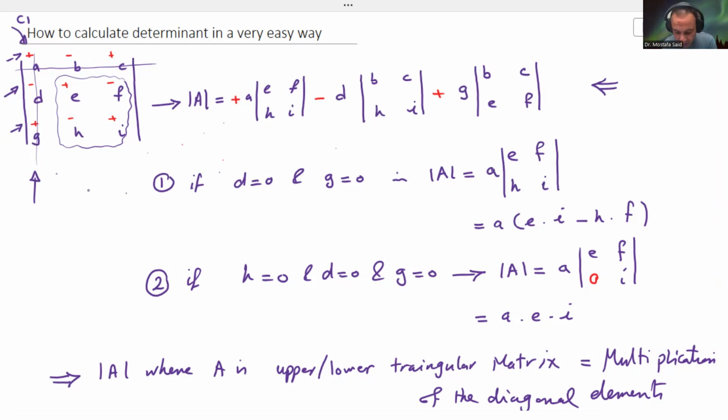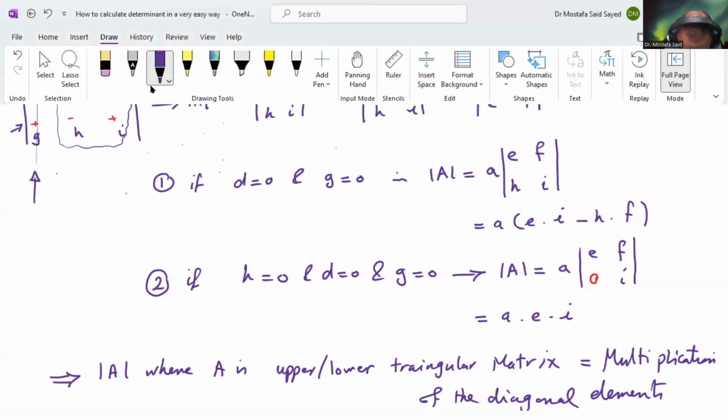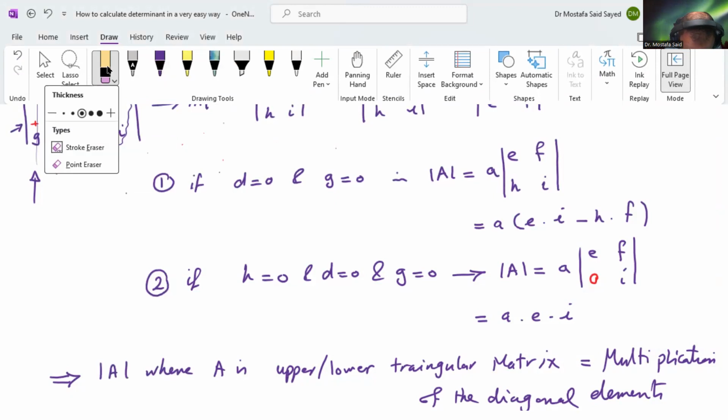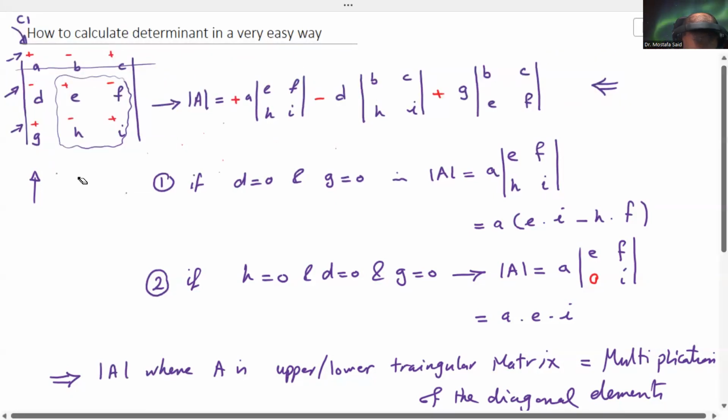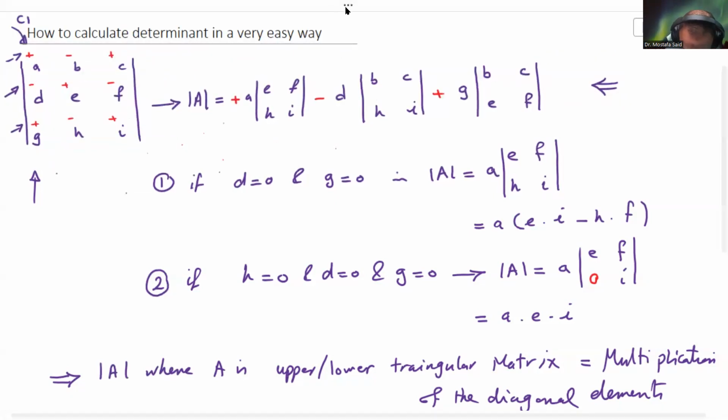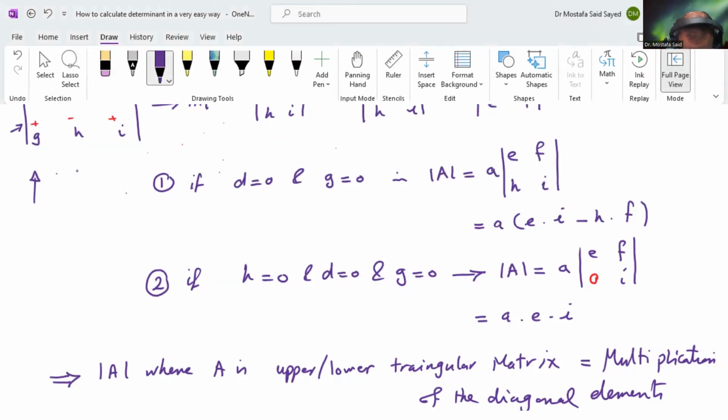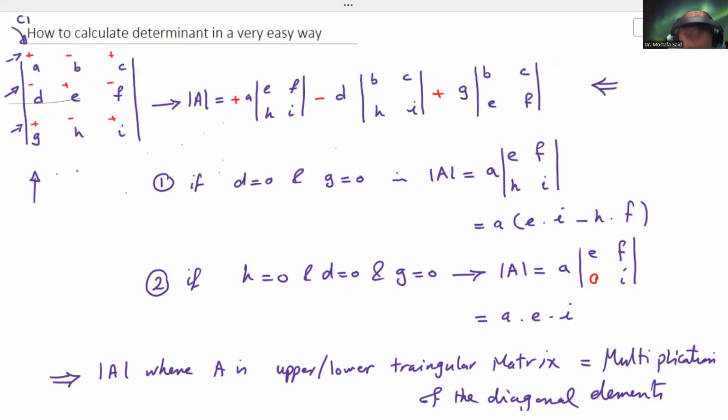Then you do the same for D. You hash out the second row, in which D is located, and also the first column.